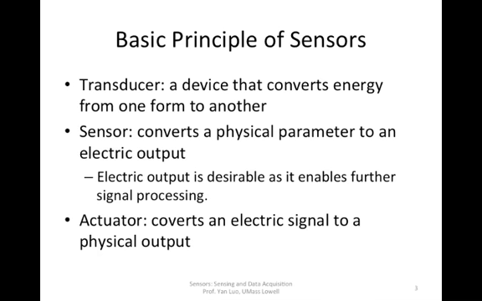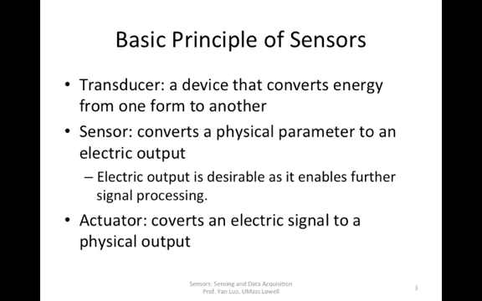Sensor, that is a device which can convert a physical parameter to an electric output. A physical parameter could be, for example, pressure, temperature, light intensity, etc. And we want a device that can convert these physical properties to an electric output.